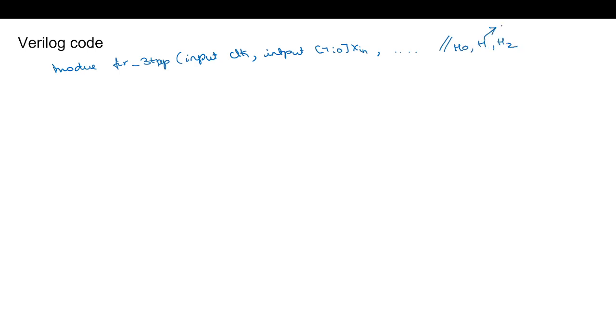These are the multiplication coefficients, and then output register 16 bits yout.